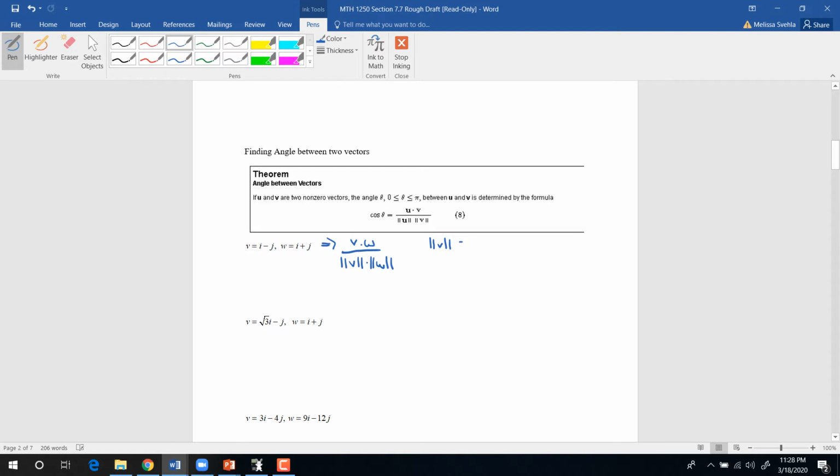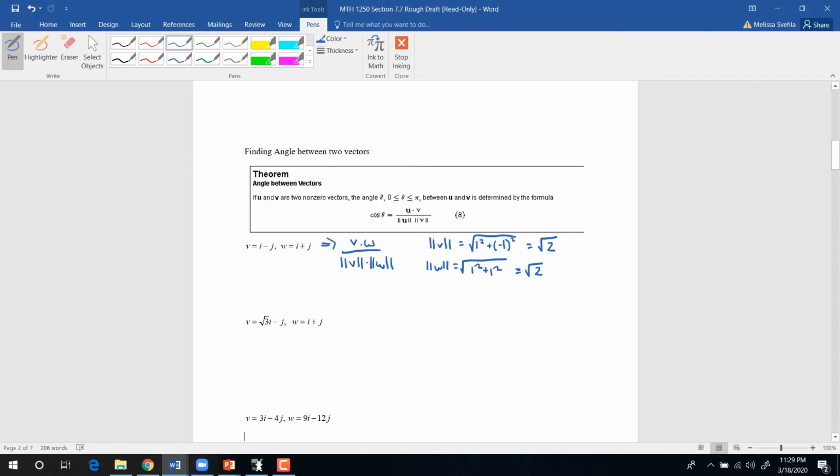So you're going to square your x component and then your y component and then take the square root. So this becomes square root of 2. And then the magnitude of w is equal to 1 squared plus 1 squared, which equals square root of 2.